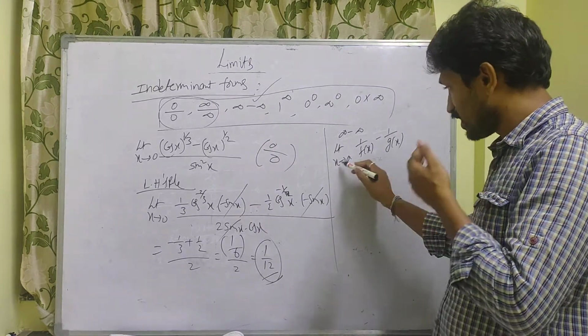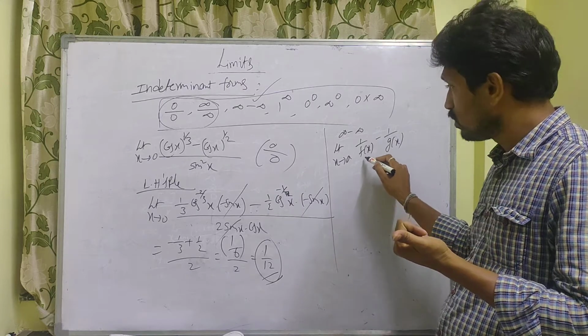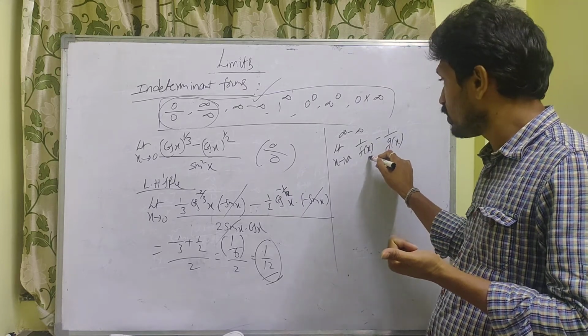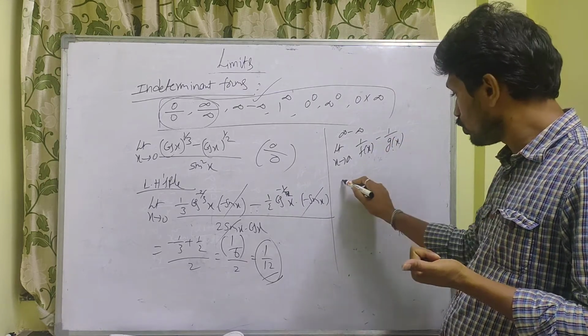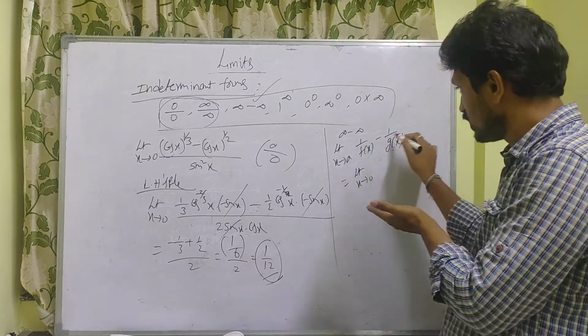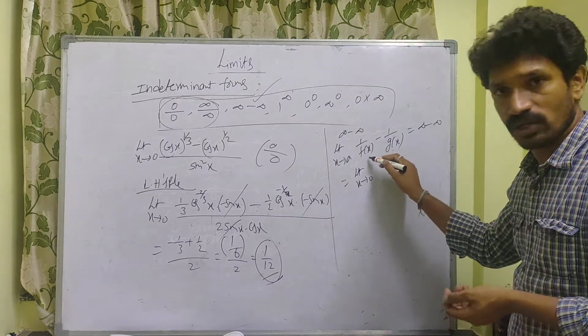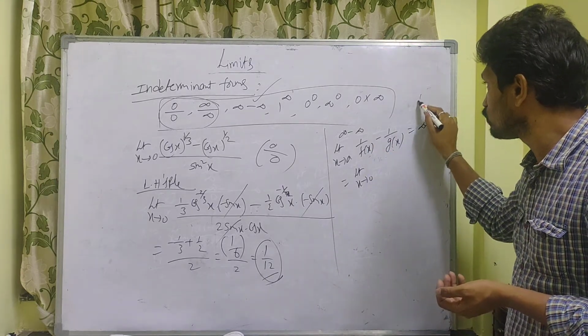When x tends to a, whenever f of x tends to 0, you get 1 by 0. So this is nothing but infinite minus infinite. That means 1 by infinite you can write as 1 by 0.